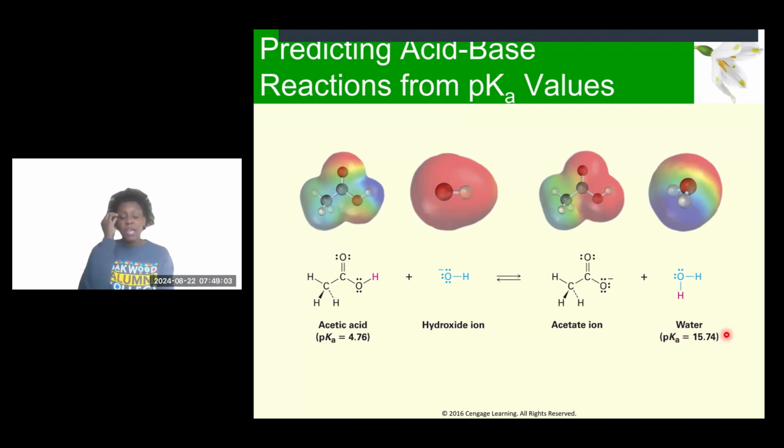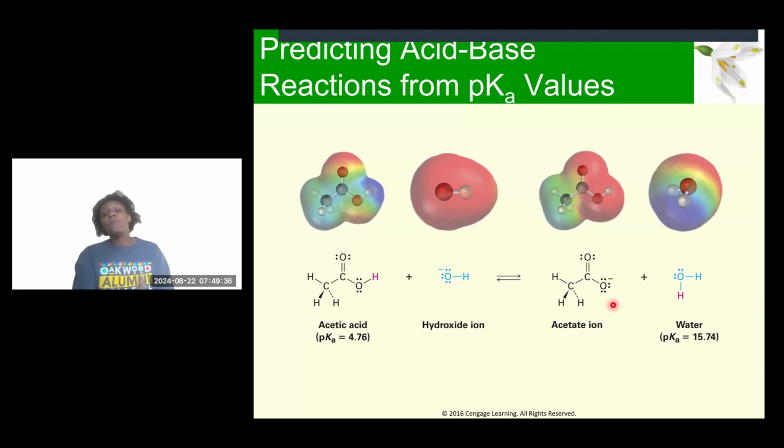And logically, the reason why equilibrium is on the side of the weaker acid is because a weaker acid is not willing to give up its proton. So once it gets this proton, it doesn't want to give it away. And since it doesn't want to give it away, this right here is not going to steal it and cause it to reform these products. It's going to stay like this because this doesn't want to give it away, and this is happy because it's stable.